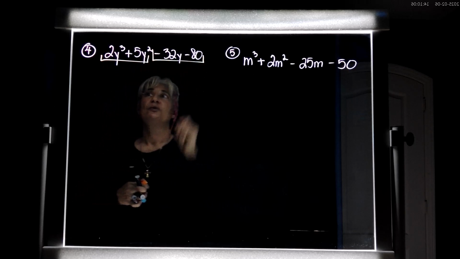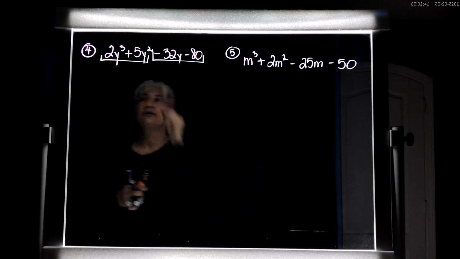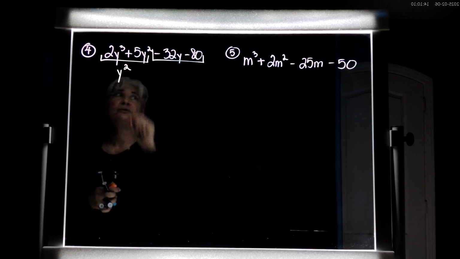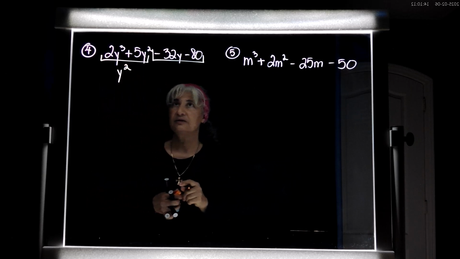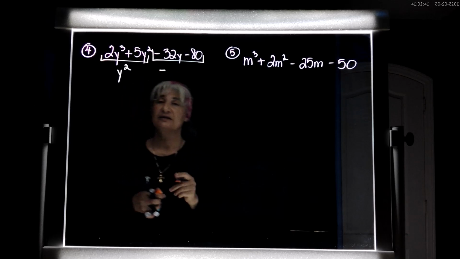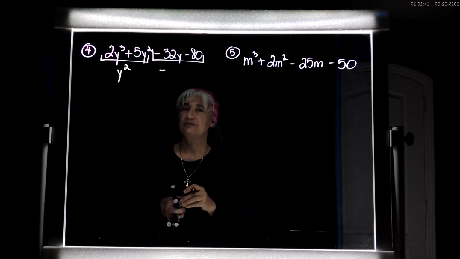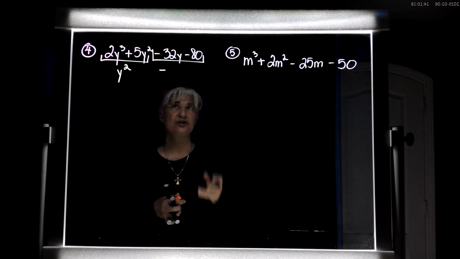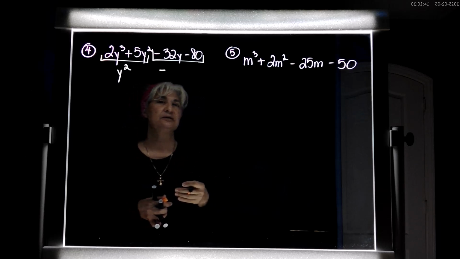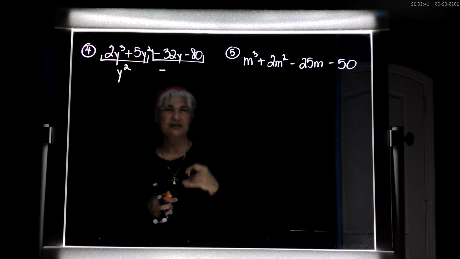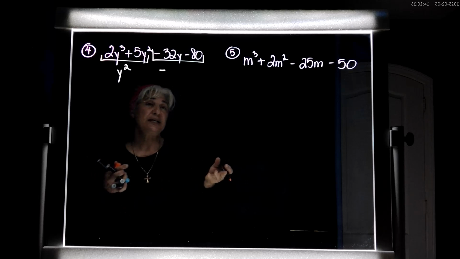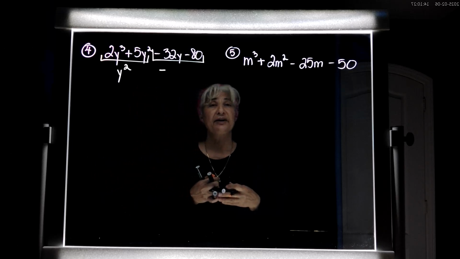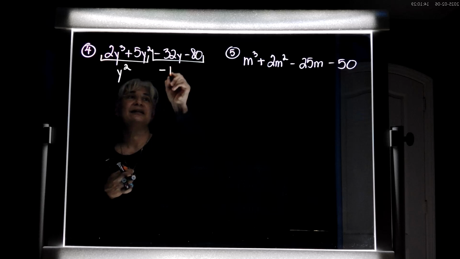So what'd you take out of the first pair? Y to the power of 2. What'd you take out of the second pair? Good, you took out a negative 8. What'd you take out? Some of you said 2, but you can go higher. Some said 4, but you can still go higher. Some of you said 8, but you can still go higher. 16.